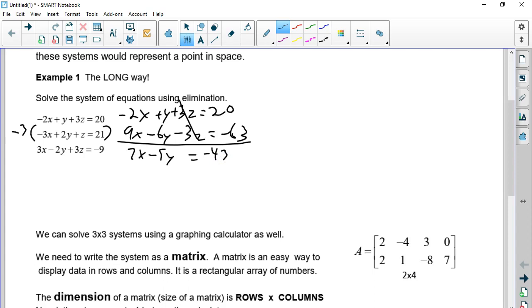Now, I'm actually going to do it again with the third one. So I'm going to take my 9x minus 6y minus 3z equals -63.